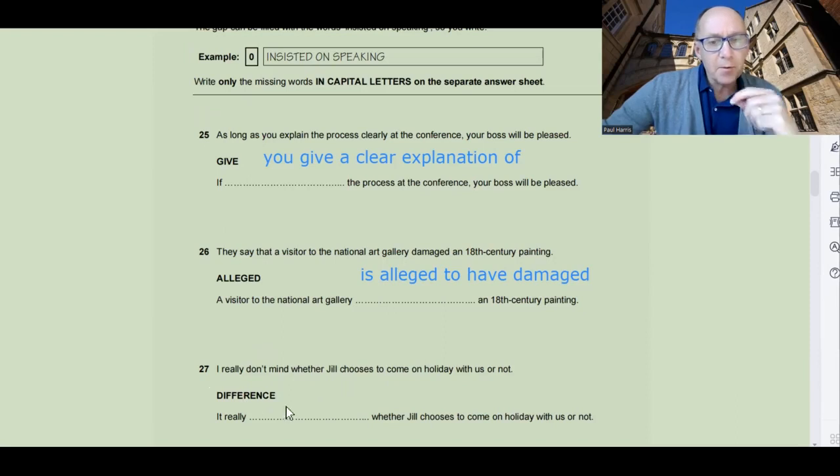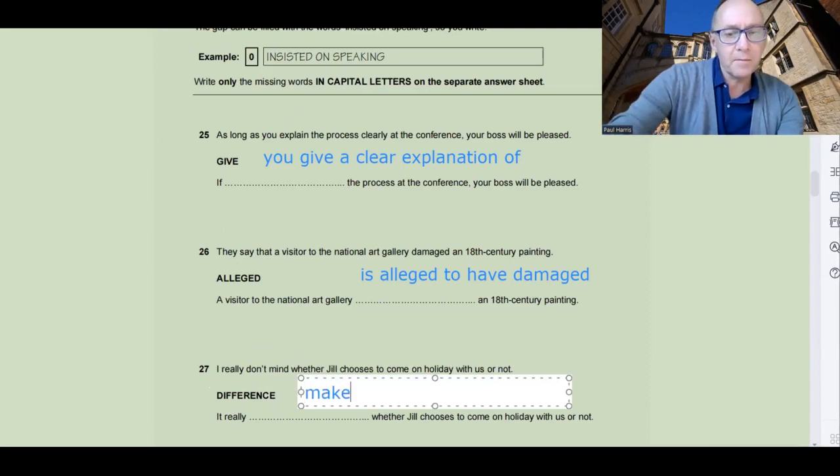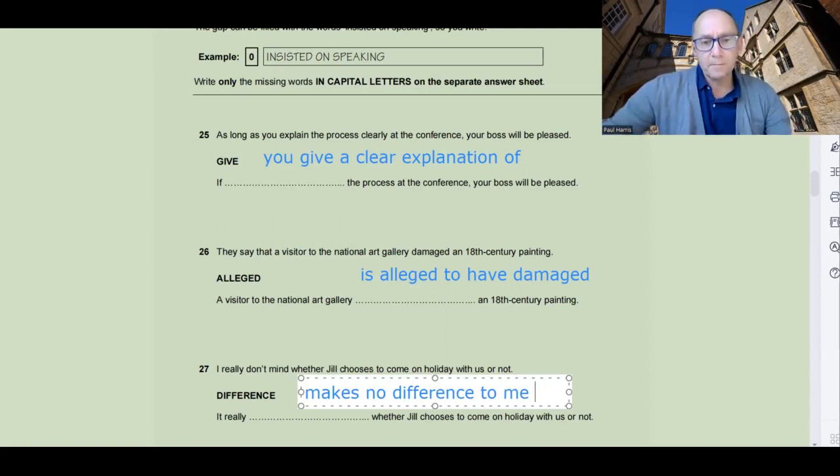Okay, so some sort of expression here about decisions and things like that with difference. So let's just write here, it really makes no difference to me whether. Okay, and that would definitely give this idea of I really don't mind.